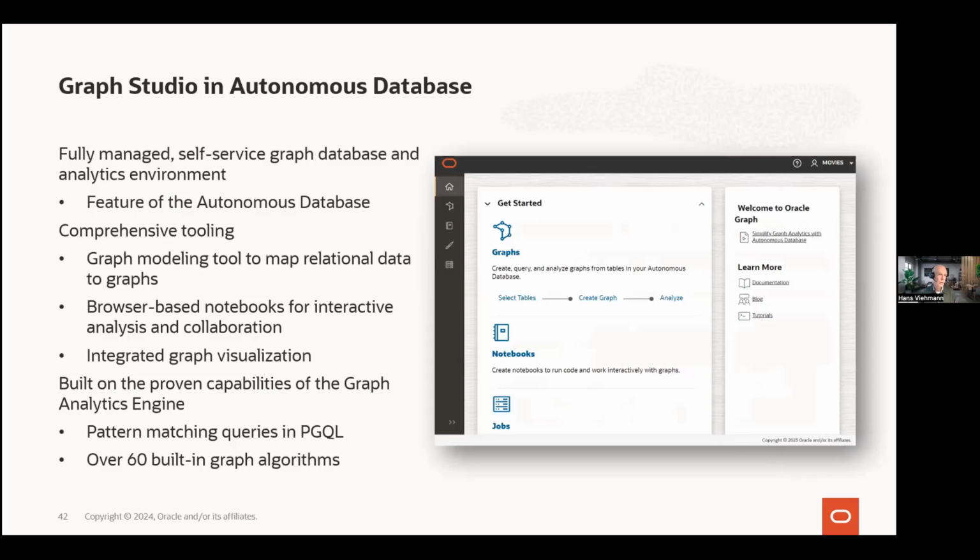You can use the tools to model your data. You have a notebook-based environment to work with the data, to visualize the results. And of course, all of that sits on top of Graph Server, so on top of the Graph Analytics engine, which gives you the full pattern matching capabilities, including all the shortest path options and stuff, as well as the over 60 built-in algorithms. That would be my recommendation.